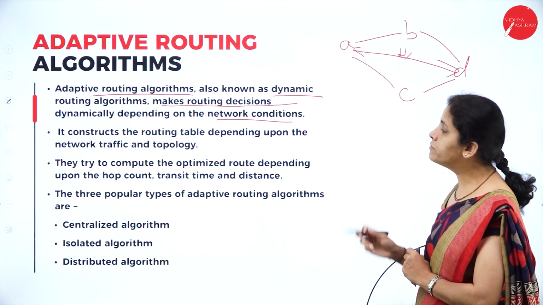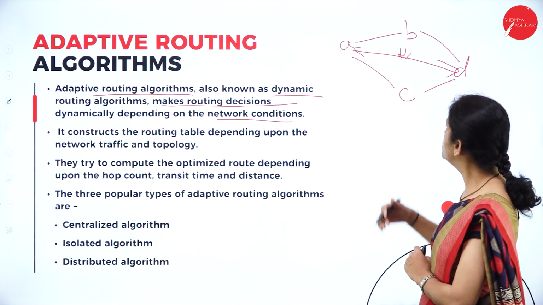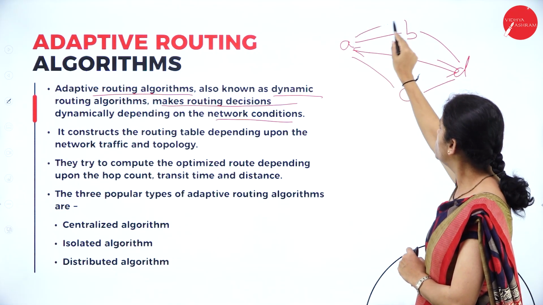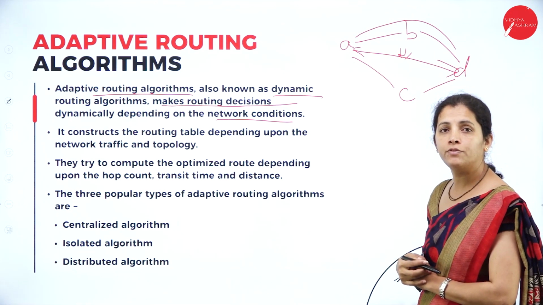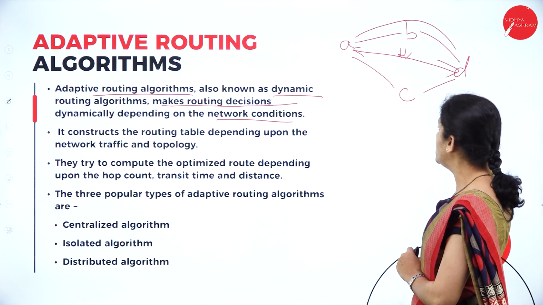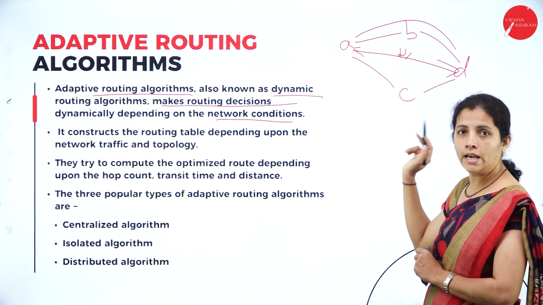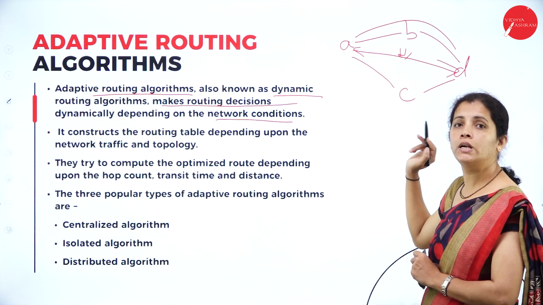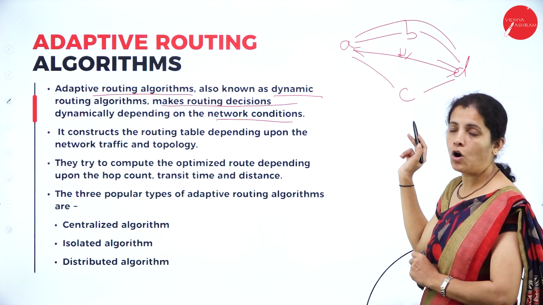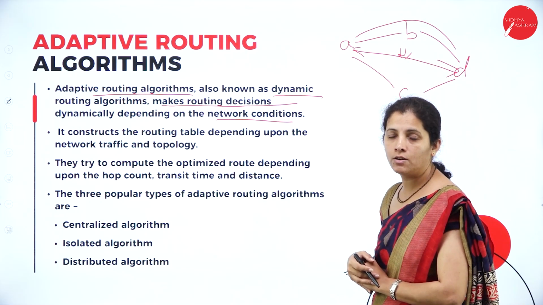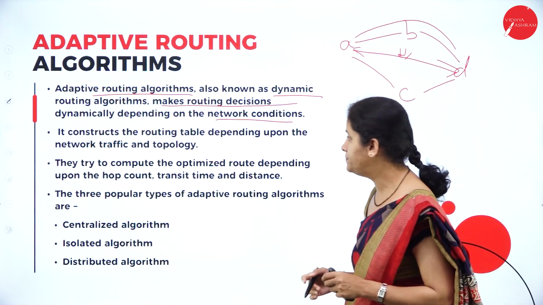Now, the job of the routing algorithm is to take the decision, either route the packet from A to B to D or A to C to D. So, dynamically it's going to take the decision or randomly it's going to select the path.